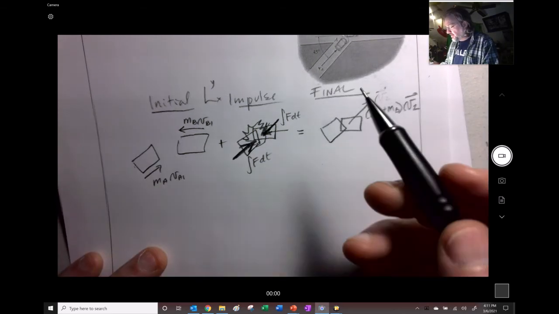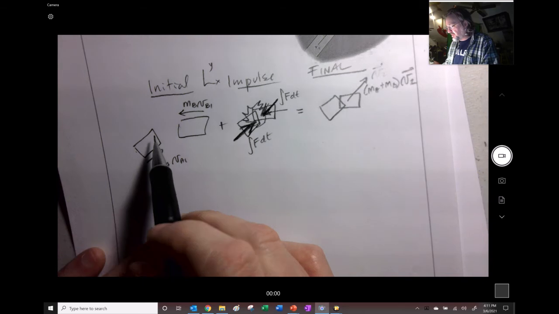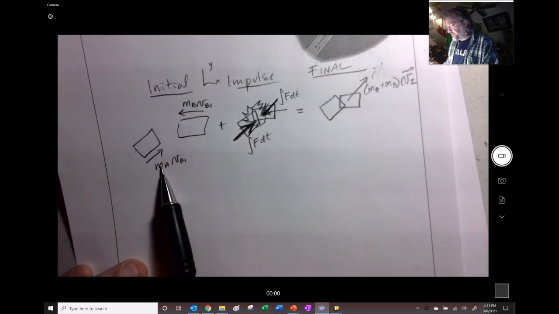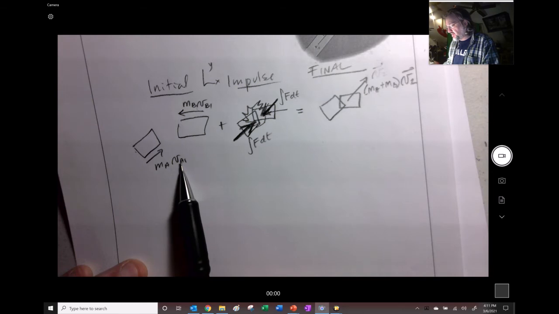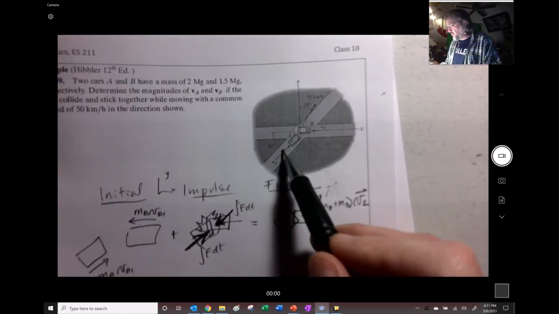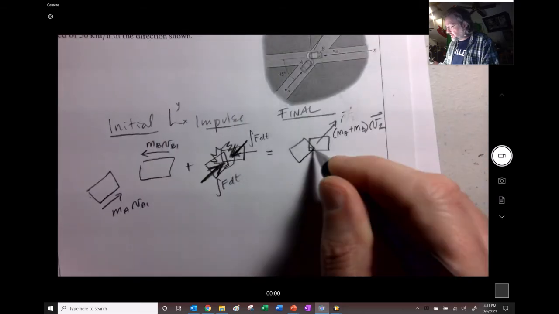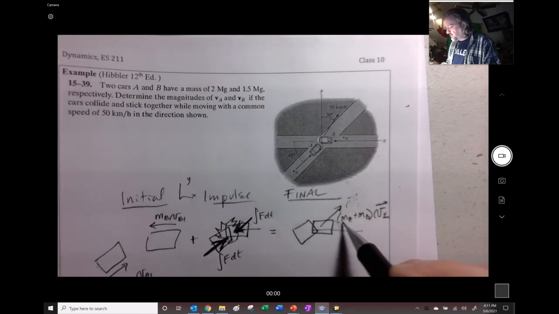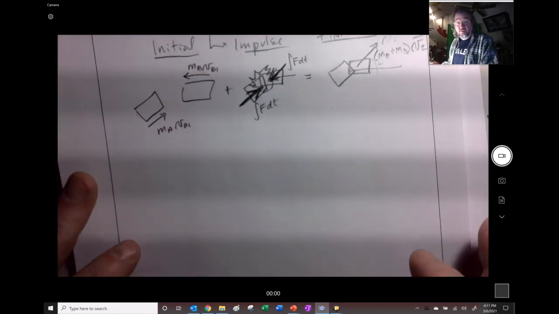In the y direction we're going to kind of get lucky because the only thing that we're going to have is this guy, and he's going to be at 45 degrees right here. And this one was 30 degrees, so the angle is 60 degrees.